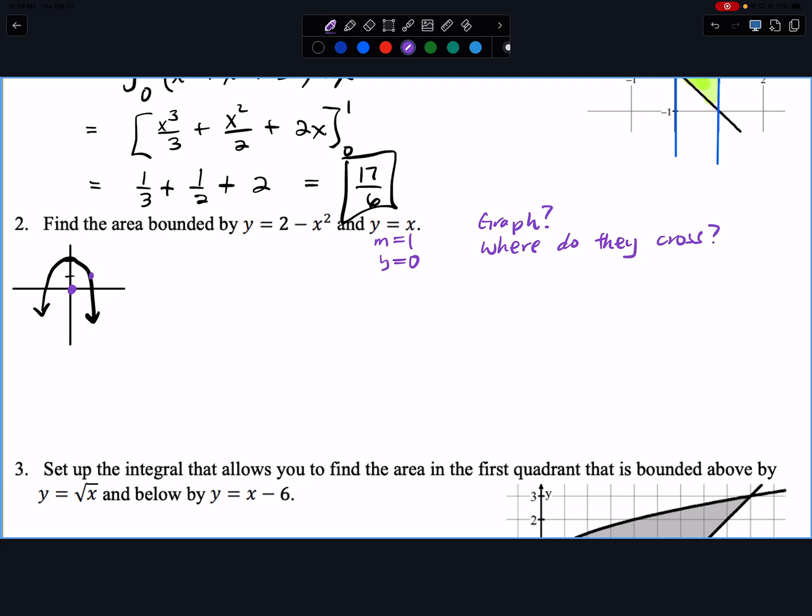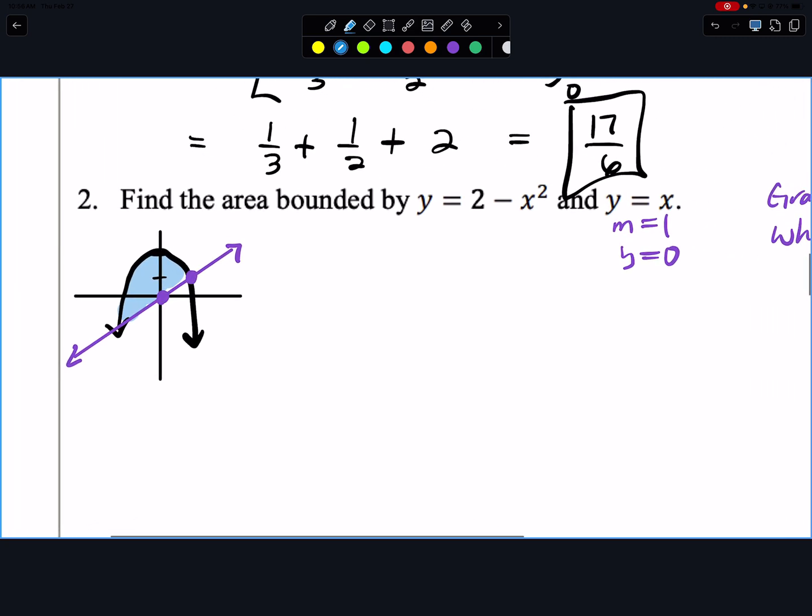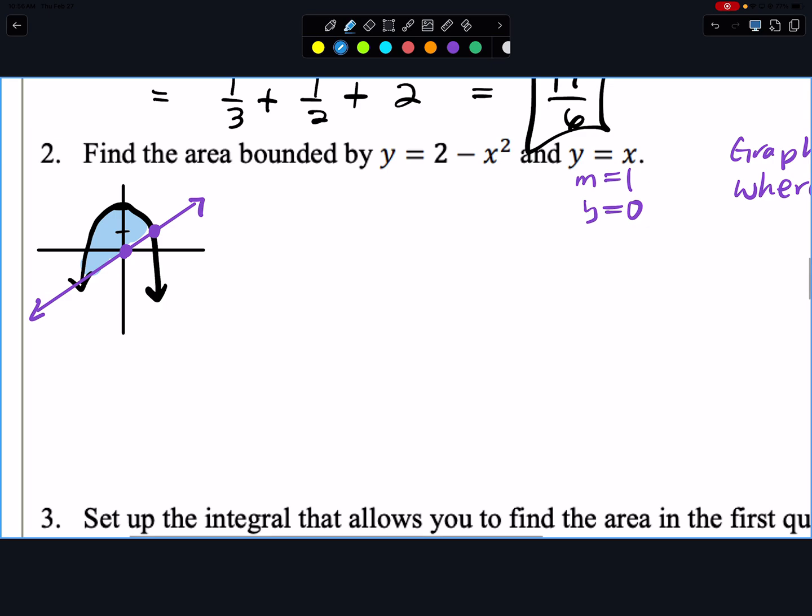So it's going to look something like that. Again, our graph's not going to be perfect, and that's okay. But visually, can we see now the area between the two curves is going to be something that looks like this blue area? Does that make sense? Yeah?